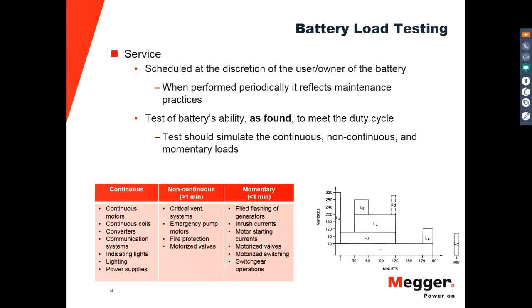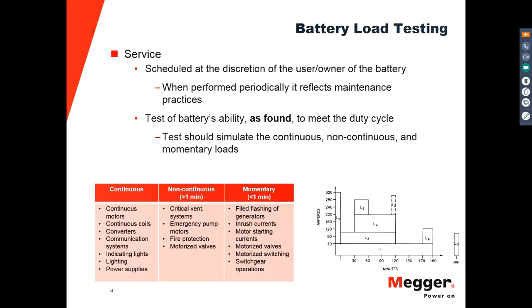In this slide, we're seeing a typical profile. This is an image from the actual IEEE 485 that specifies how to calculate or size the battery, and this is an example they have there for a load profile.